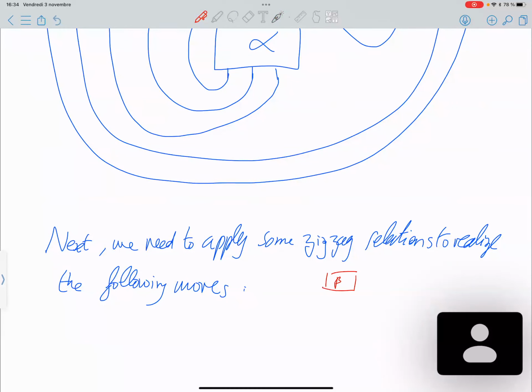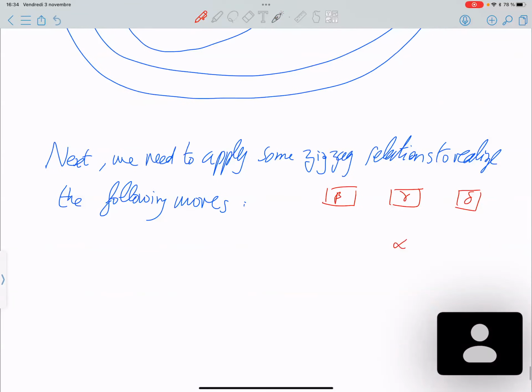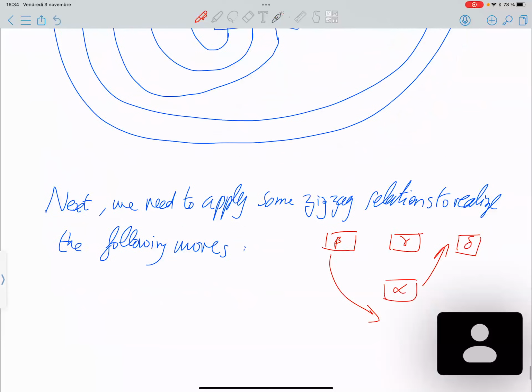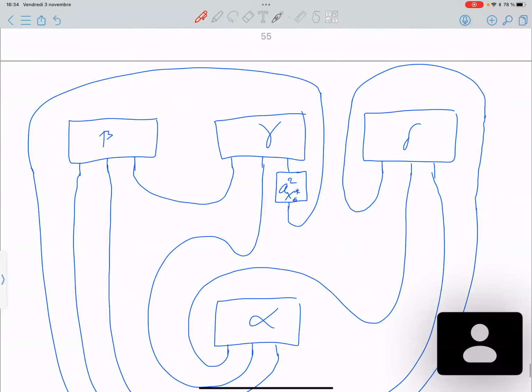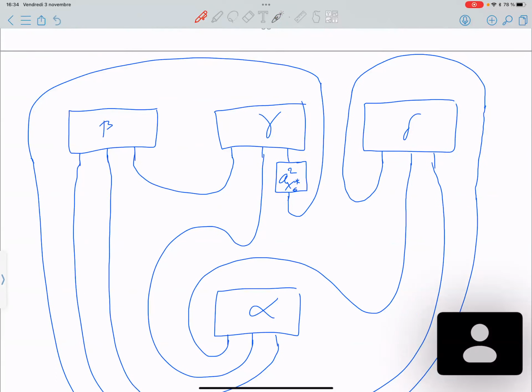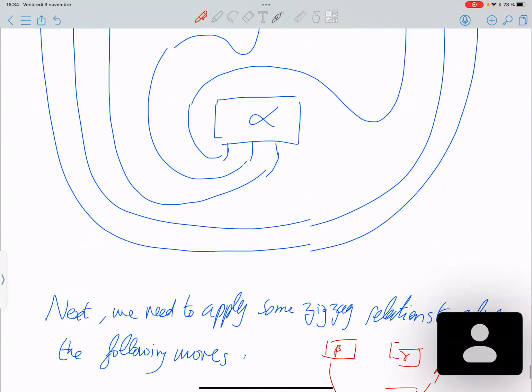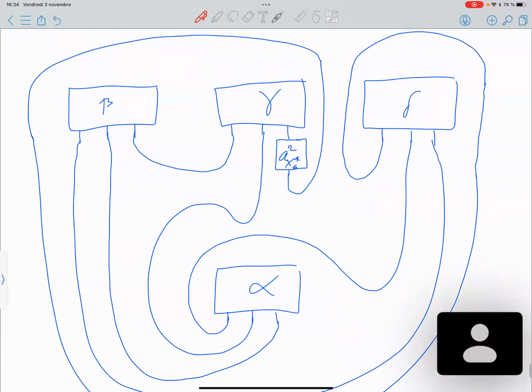You have a beta here, gamma, delta, alpha, and we want to move that here and to move that here. By doing that, we will get something. So we will move that here.